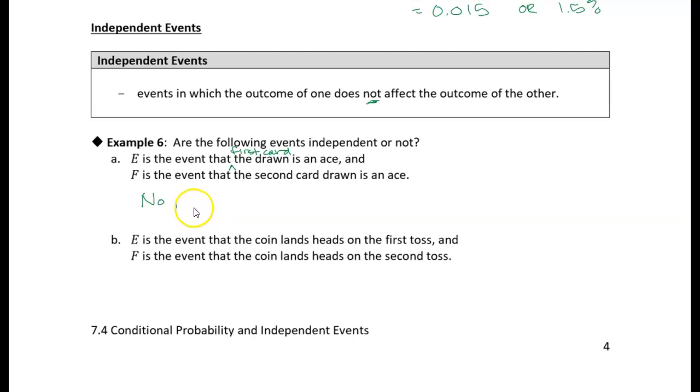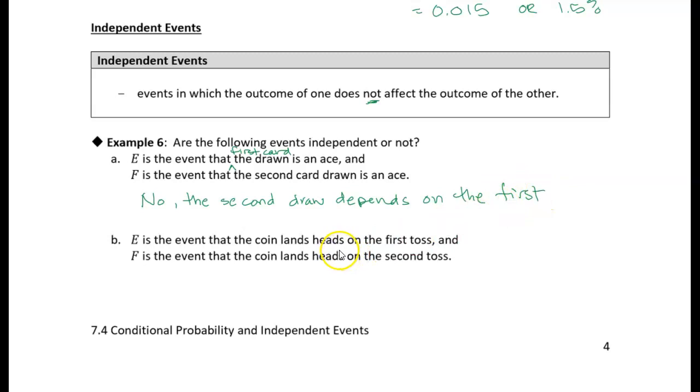If you draw an ace, then you're going to have fewer aces to choose from in the second draw. If you don't draw an ace, you'll have all 4 aces to choose from in the second draw. The second draw depends on the first.